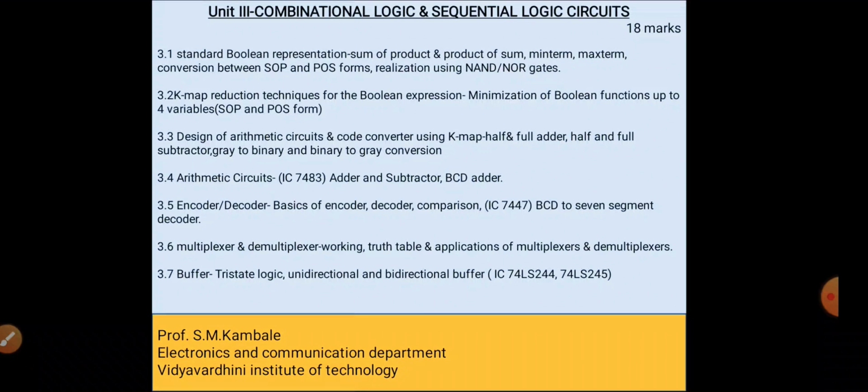Now there are also various encoders and decoders. The most important encoder decoder is BCD to 7 segment display. The segments are nothing but the parts. There are 7 segments in which we will display the values from 0 to 9 or any value.